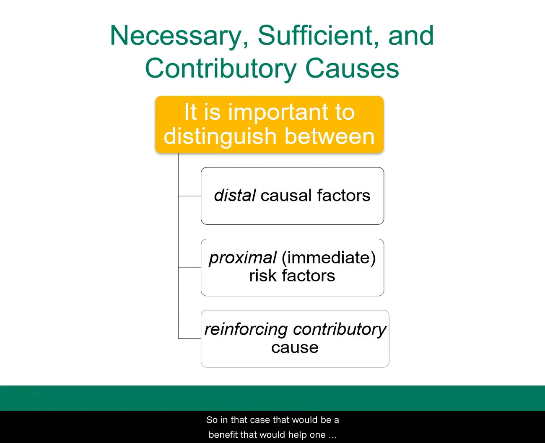In that case, that would be a benefit, helping one with their resiliency if they had a caregiver or emotional and psychological support from somebody. But then the opposite would be true. If they did not have any of those support mechanisms, then the lack of them could be a contributory cause for depression.